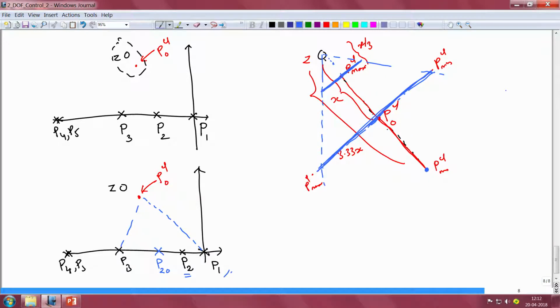Now if we permit variation in the pole P2, then we know that this closed loop pole should move along a straight line, which I am drawing now, in such a manner that the extremities of this straight line when connected to the point Z form a triangle that is similar to the triangle that is formed when the extremities of the point P2 are connected to the point PCL naught, or in other words the extremities when connected to the point Z form a triangle that is once again similar to the triangle PCL naught, P1 and P3.